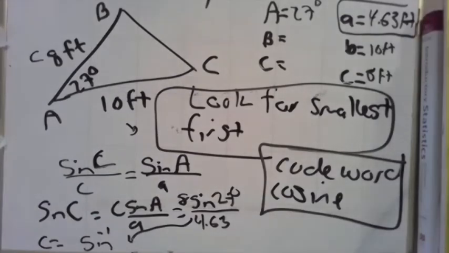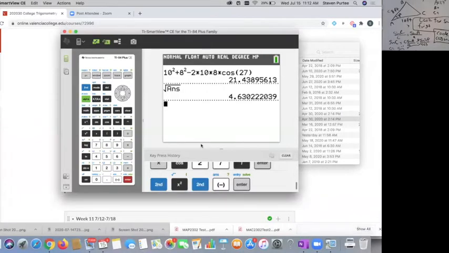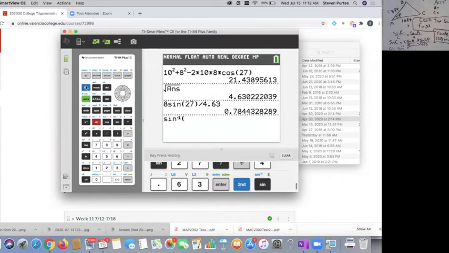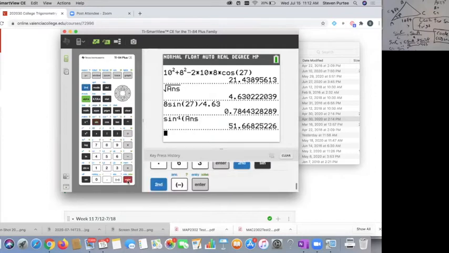So let's type that in the calculator. What I have, 8 sine 27 divided by 4.63. I'm going to do an inverse sine of that answer. 51.67 degrees.